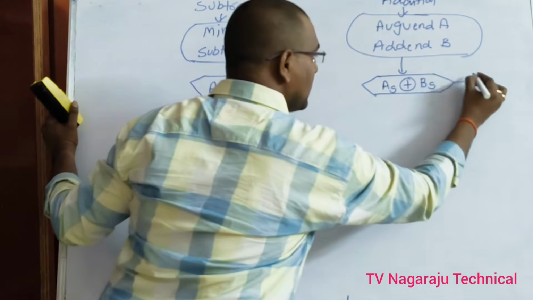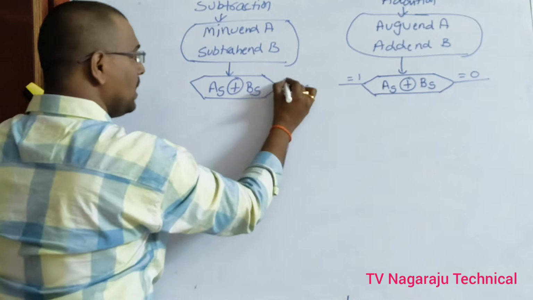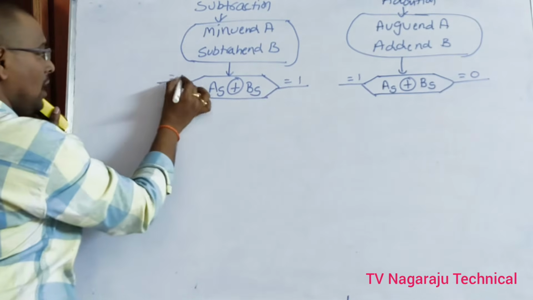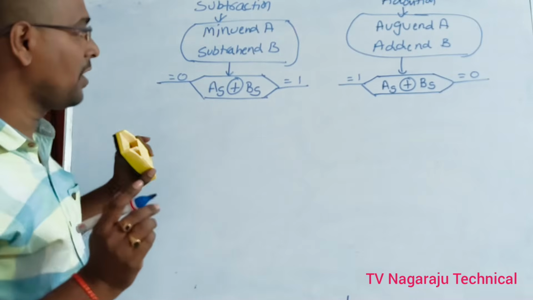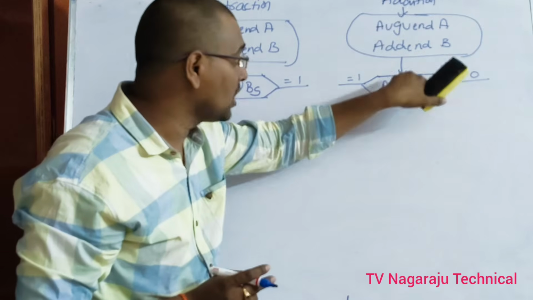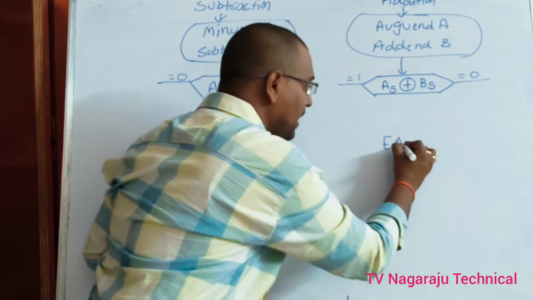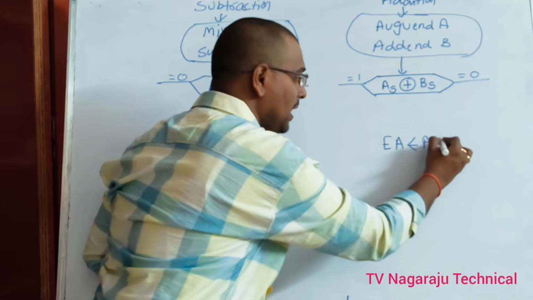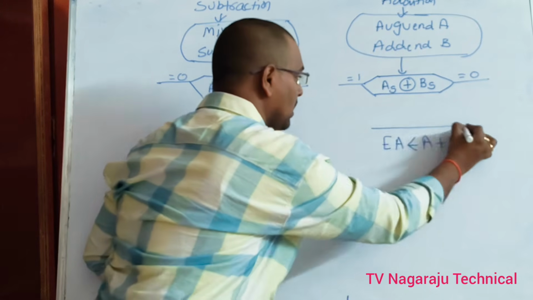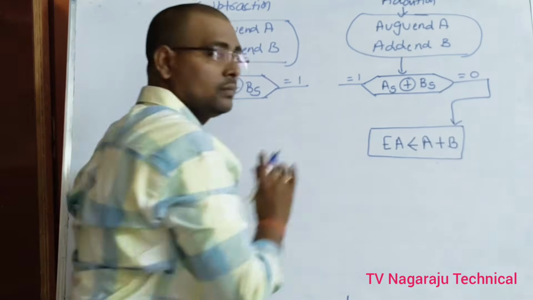The result is either 0 or 1. We already know the formulas. Suppose the operation is addition and the signs are the same, then simply we are doing the addition operation, EA tends to A plus B. Is it clear? EA tends to A plus B.